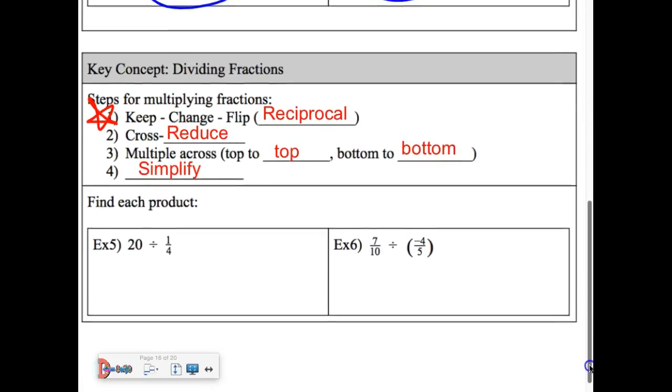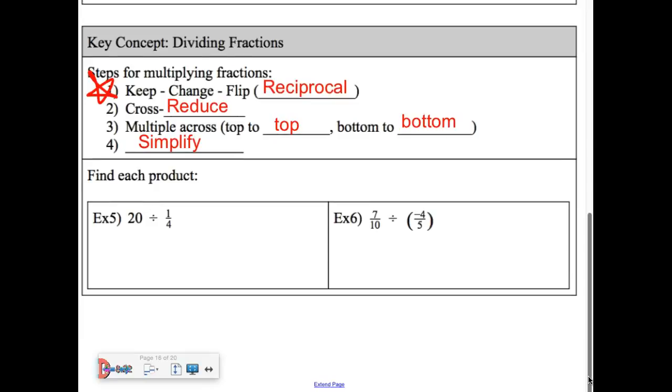All right, so here we go. We're going to keep, change, flip. This first number or fraction, I'm going to keep it. I'm going to change the division to a multiplication, and I'm going to flip this second number. So instead of 1 over 4, it's going to become 4 over 1. Now, we've talked about this a couple times already. Do I need that 1 on the bottom? No, we don't.